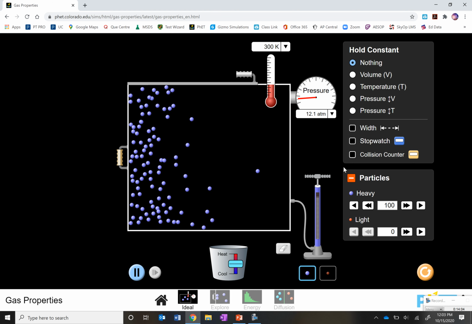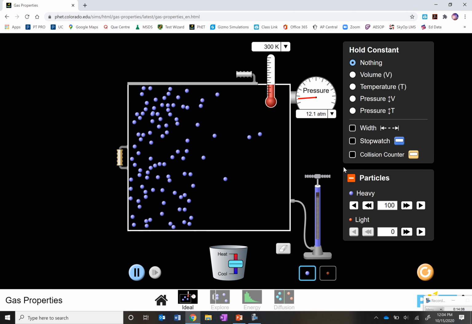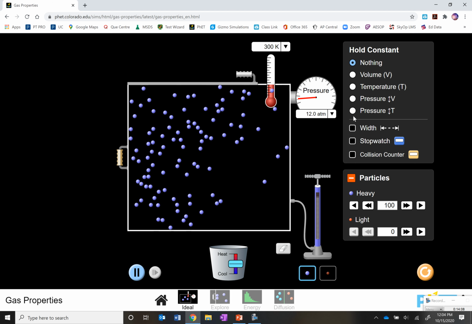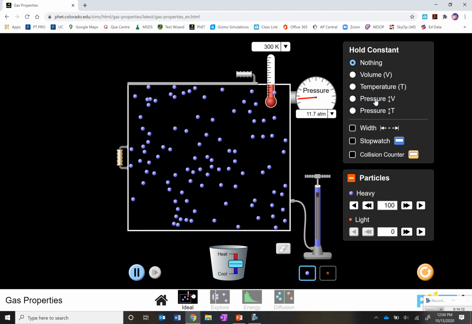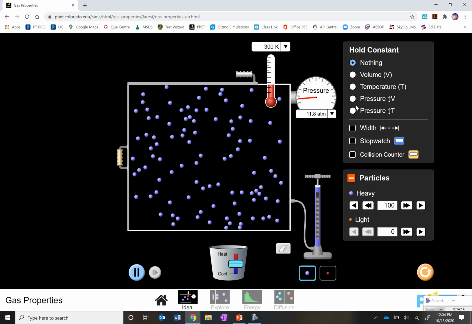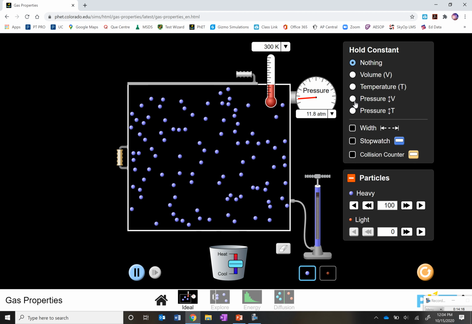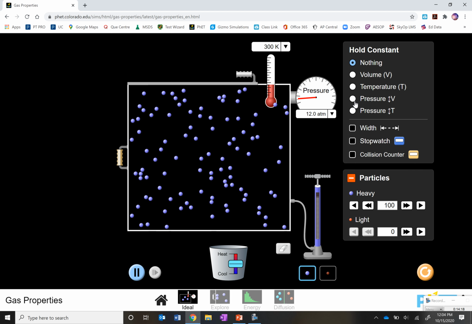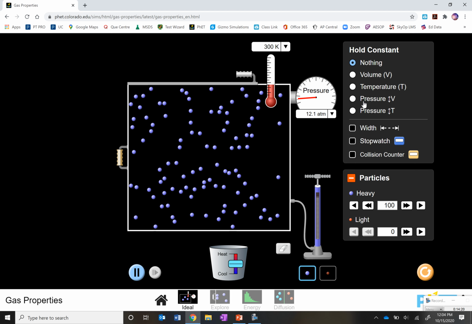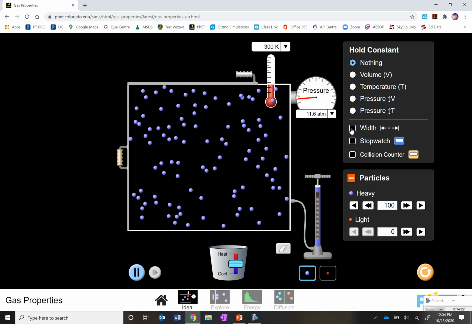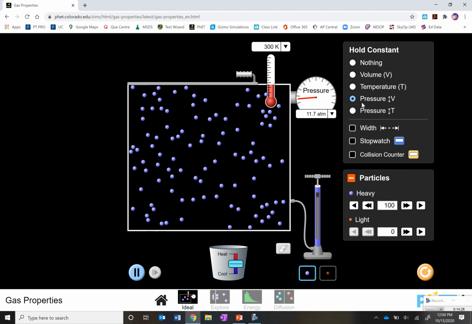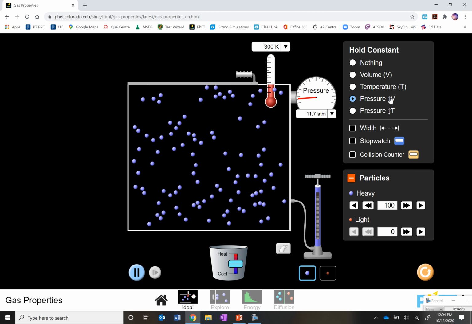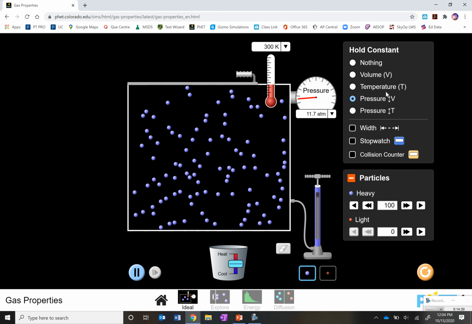And Charles' law relates volume and temperature. So we're going to have to keep our pressure constant. We're going to have to do this in a couple different ways to kind of simulate this, and I'll show you what both mean here. So we're going to hold our pressure constant in relation to the volume of the container.